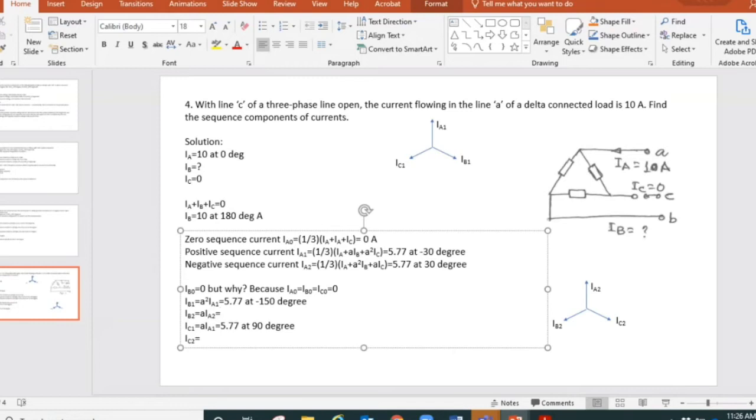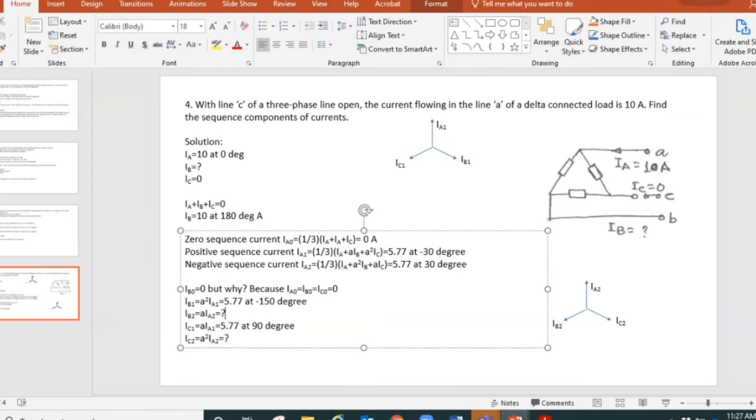Always remember that 1 is related to 1, 2 is related to 2, 0 is related to 0. So A IA2 for IB2, and for IC2 it will be A squared IA2. If I copy and change the notation, you should be able to calculate these two values with no difficulties.